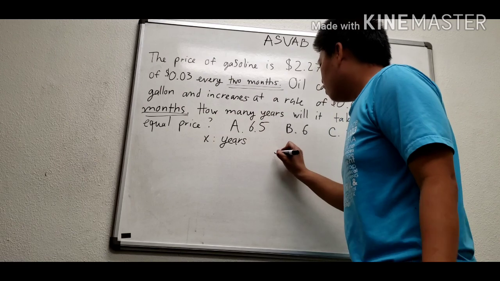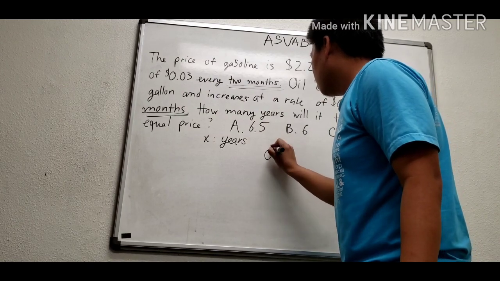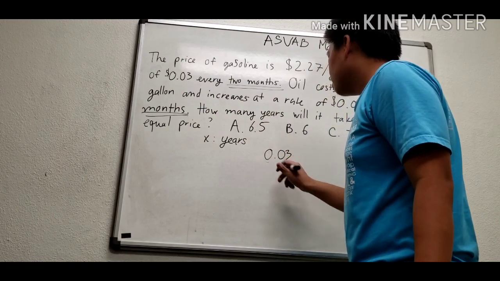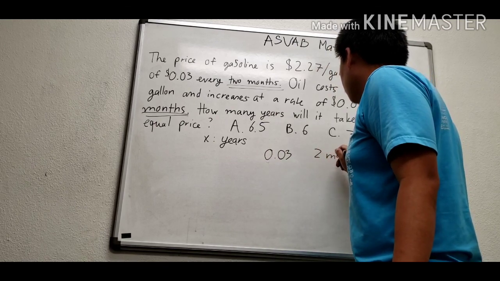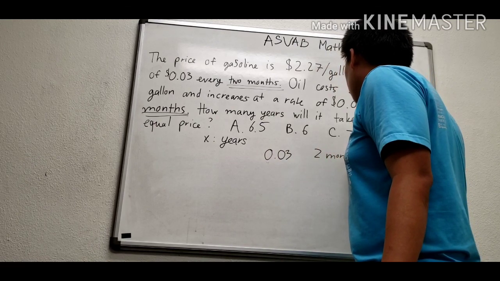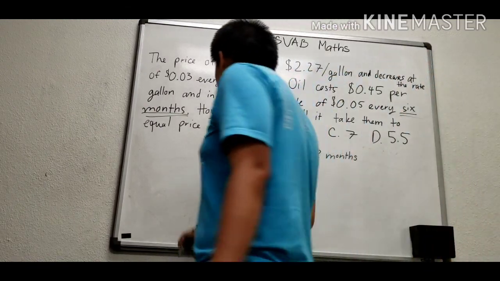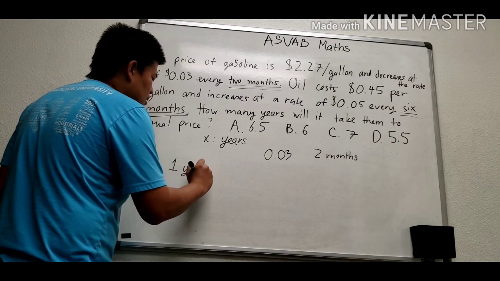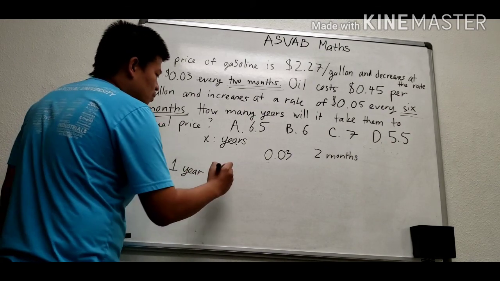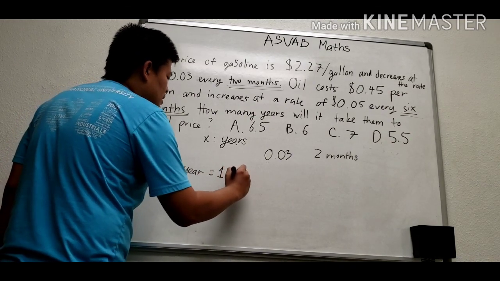So we have 0.03 and we have 2 months. We know that 1 year is 12 months.